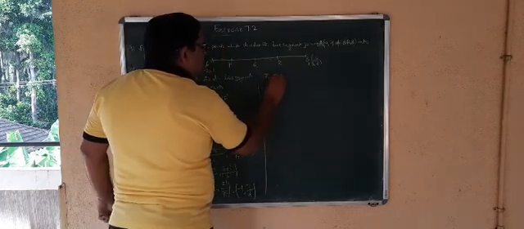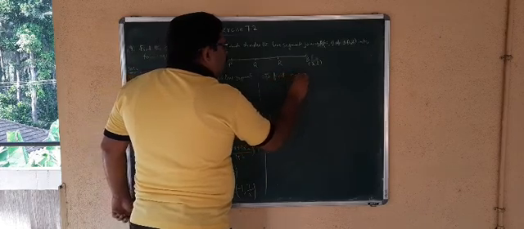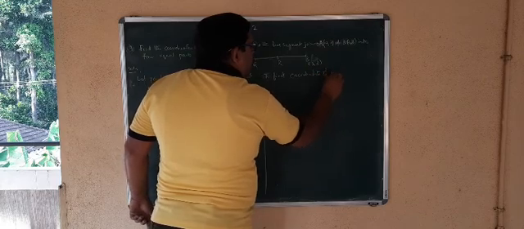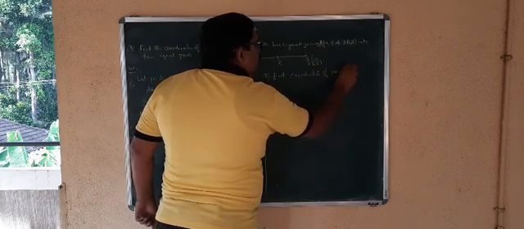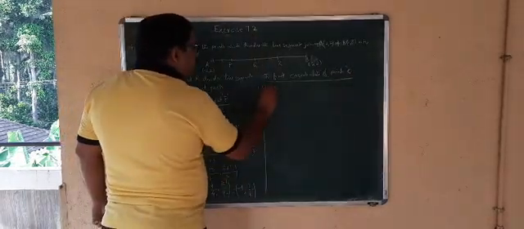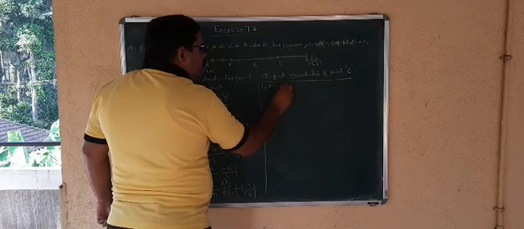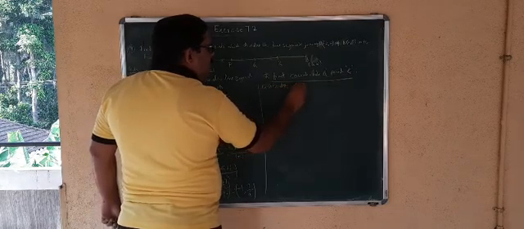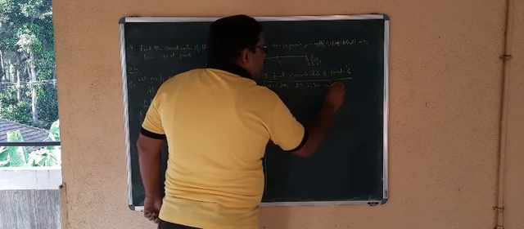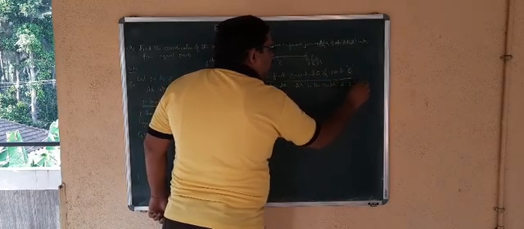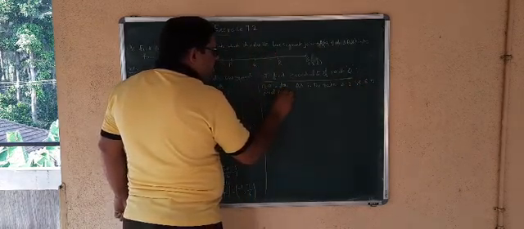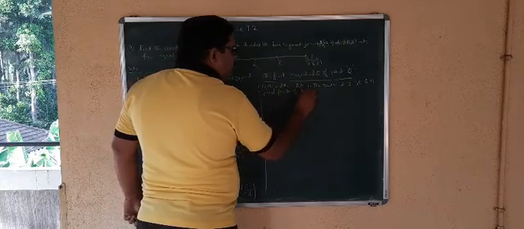Now to find coordinates of point Q, Q divides AB in the ratio 2:2, that is Q is midpoint of AB.